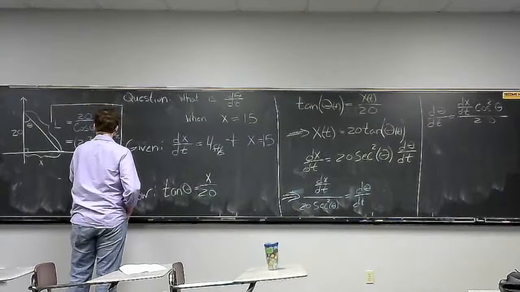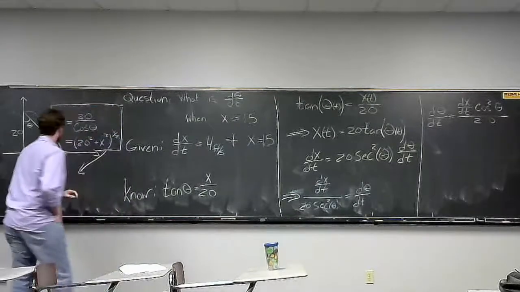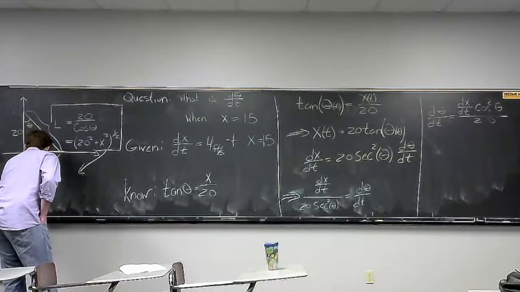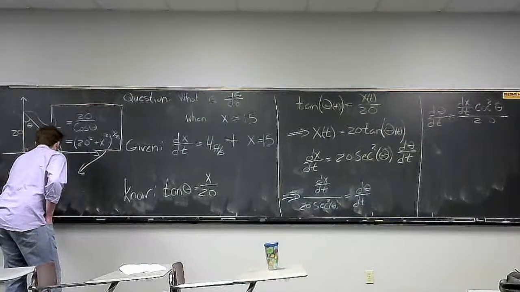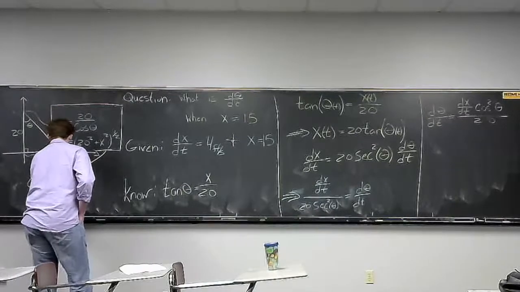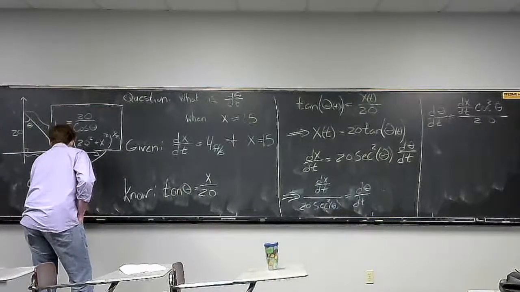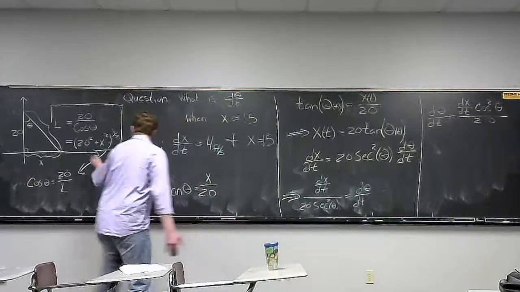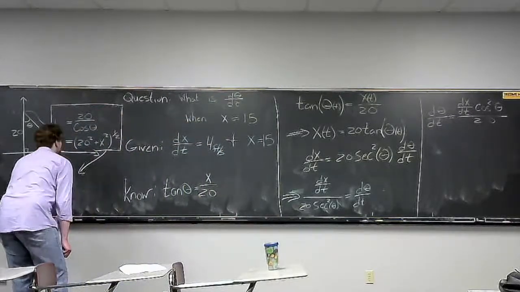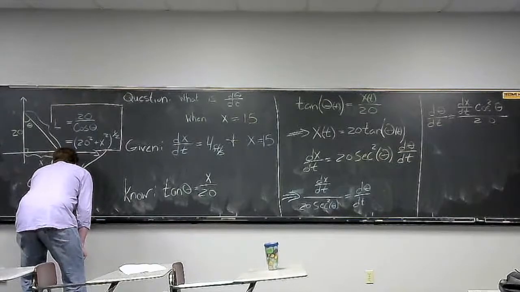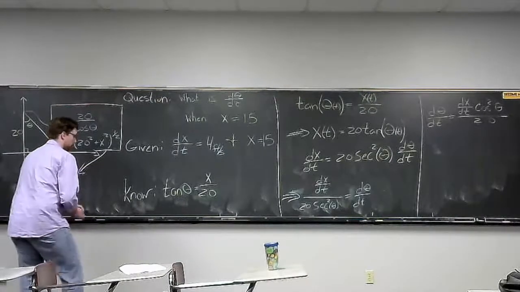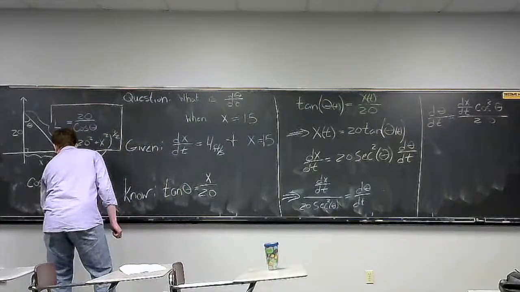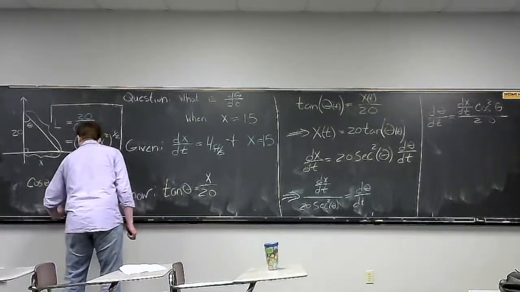This stuff tells us then that cosine of theta is equal to 20 over L, but hey, 20 over L is just equal to, writing it out, let me move some stuff around a little bit, make some more room.